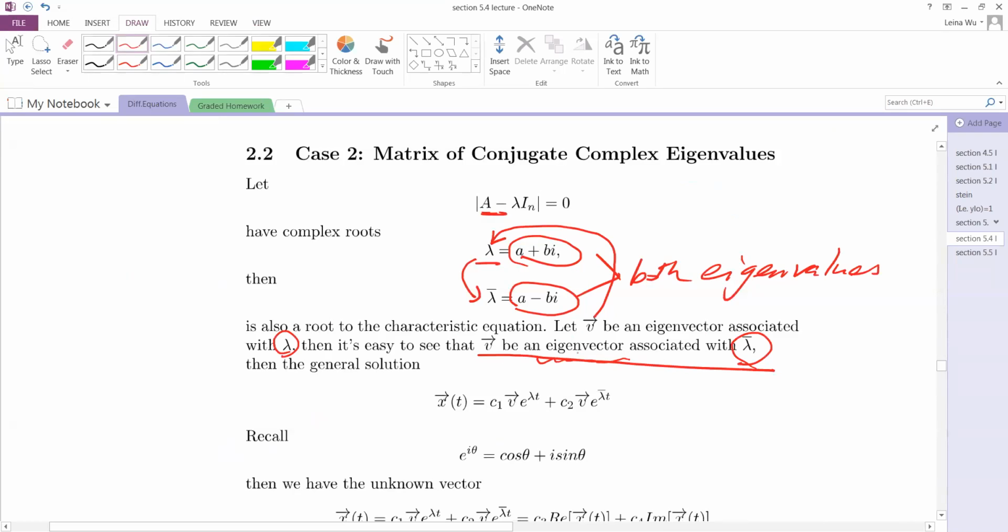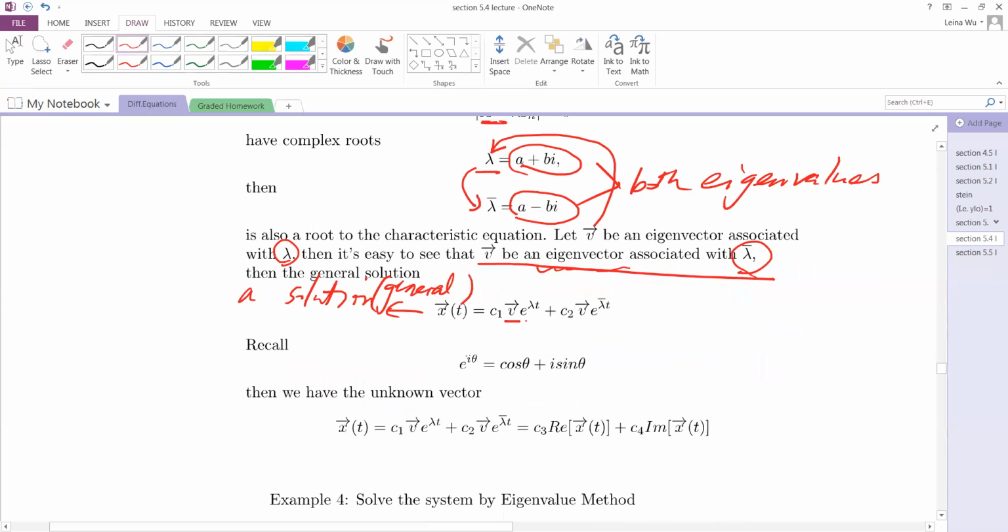Then the general solution, vector x of t, will just be C1 v e raised to lambda t plus C2 v, because it's the same eigenvector, e raised to lambda bar t, which is its conjugate.